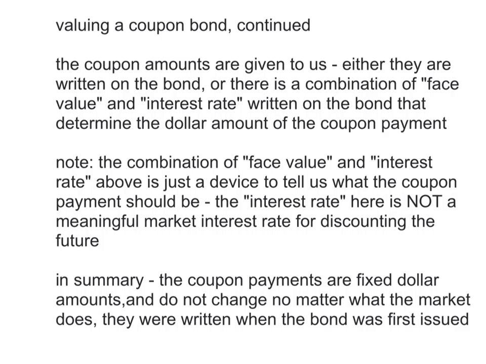So we either get the coupon payment directly, explicitly stated, or there's this very indirect way of saying what the coupon payment will be by using a nominal face value and a nominal interest rate. Put those two things together and you get the coupon payment.